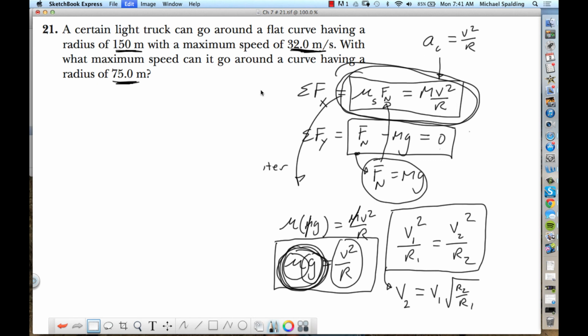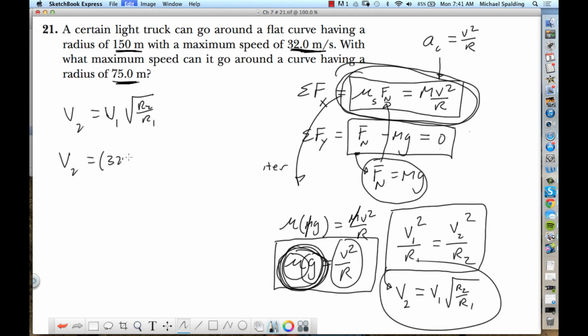Okay, so picking up from right here. V2 equals V1 square root R2 over R1, so you plug in. V1 was 32 meters per second, R2 is 75 meters, R1 was 150 meters, so this gives 22.6.